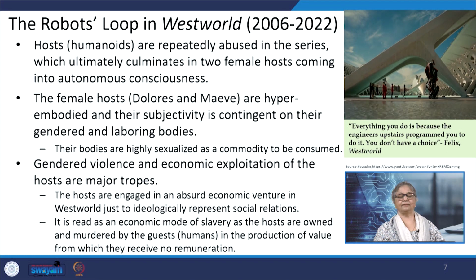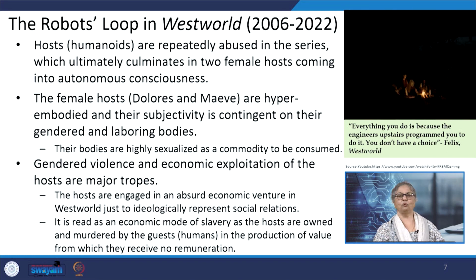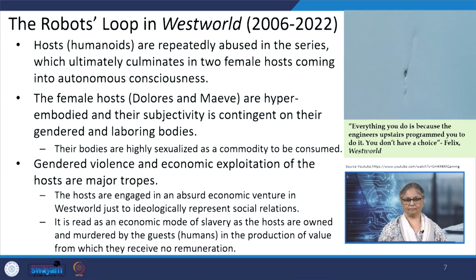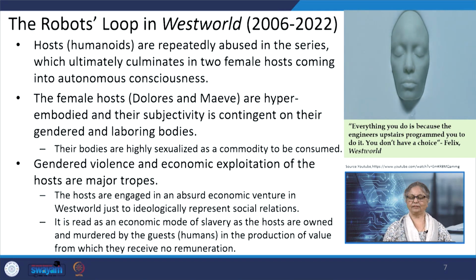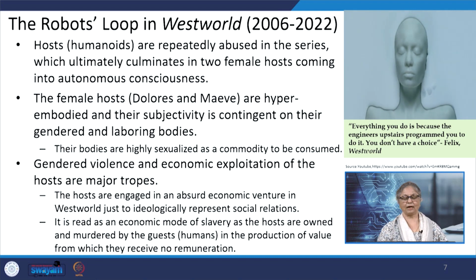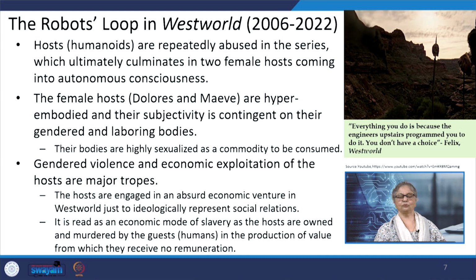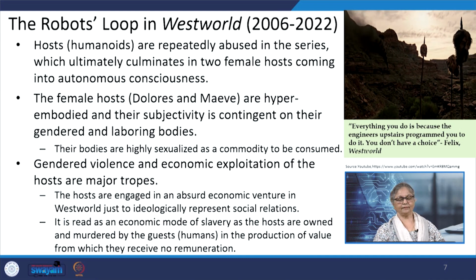Gendered violence and economic exploitation of the hosts are major tropes in this particular series. The hosts are engaged in an absurd economic venture in Westworld just to ideologically represent social relations. And it is read as an economic mode of slavery as the hosts are owned and murdered by the guests in the production of value from which they receive no remuneration.